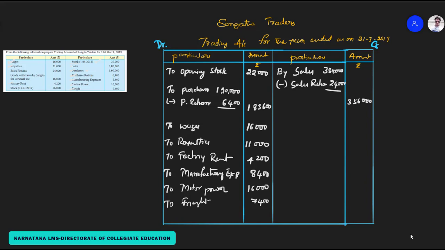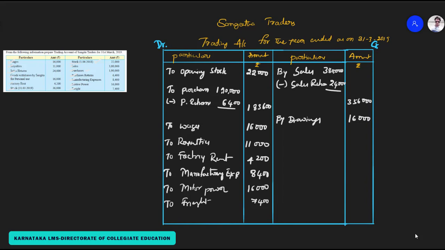Next credit item we could see goods withdrawn by Sangeeta for personal use. That we can write as drawings, by drawings. The amount is rupees 16,000. That is for personal use. And last but not least we have stock. Sales returns we have already taken.